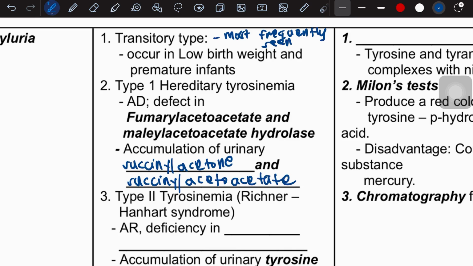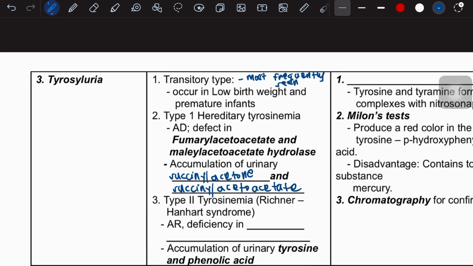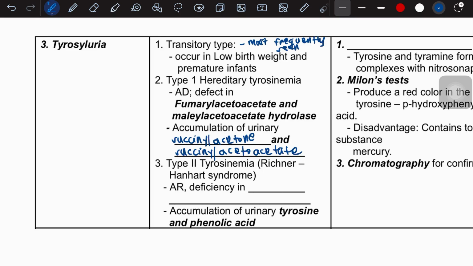So, that is for our type 1. Ang atong type 2 kay that is your Richner-Hanhart syndrome. So, ang iyahang deficiency is your tyrosine aminotransferase.